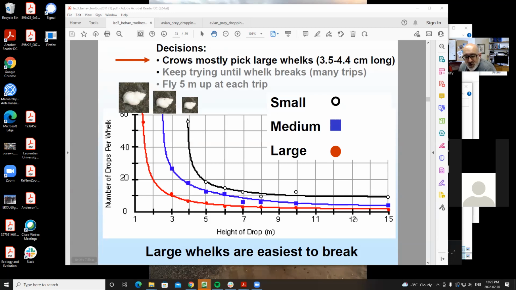This is the height of the drop, and we have small, medium, and large whelks. We know that crows tend to pick the large whelks. So that is the open circle, this black line. Sorry, it's a bit pixelated. So that black line reflects the number of times that the whelk has to be picked up.